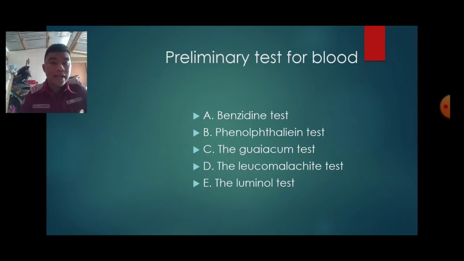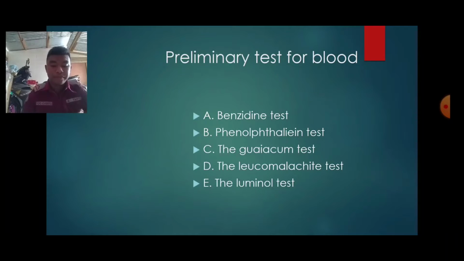And letter D is the leucomalachite green test. The leucomalachite green presumptive test for blood is a catalytic test which is based on the peroxidase-like activity of hemoglobin.